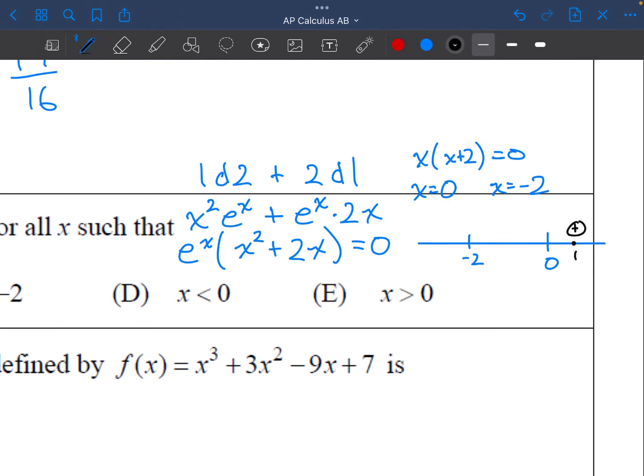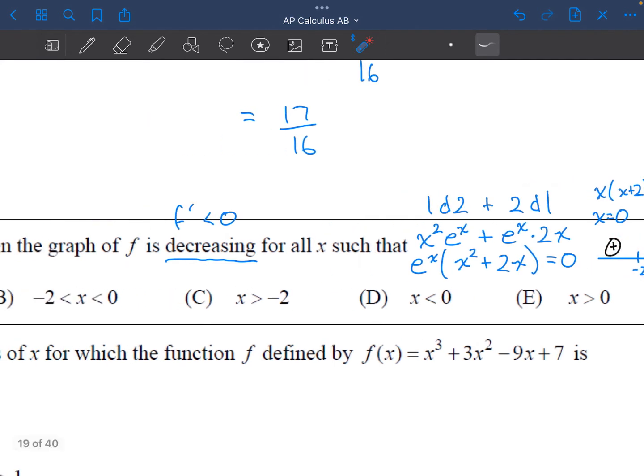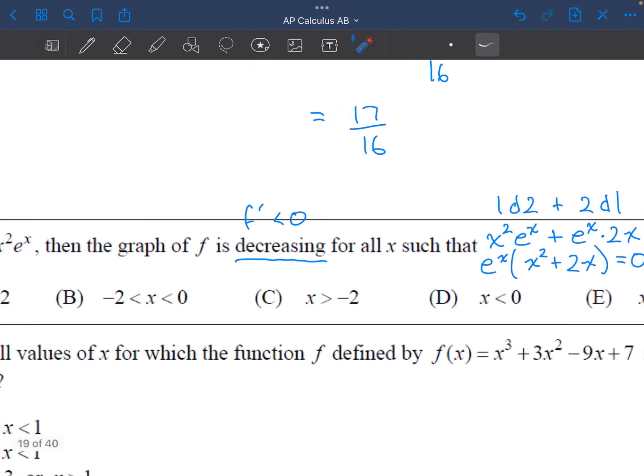But we know it does. So it's going to switch to a negative and switch to a positive. So now we know where we have increasing and decreasing intervals. Decreasing intervals are wherever we have negative, and increasing, which we don't care about, are those intervals. So our answer is between negative 2 and 0. Okay, negative 2 and 0 is B.